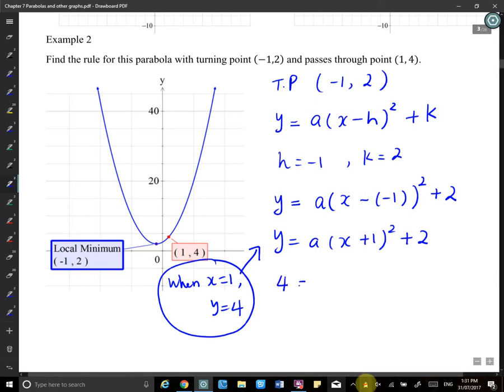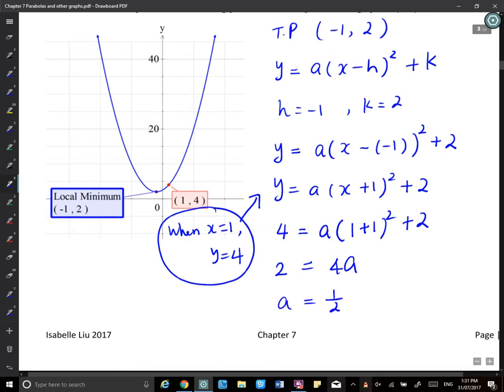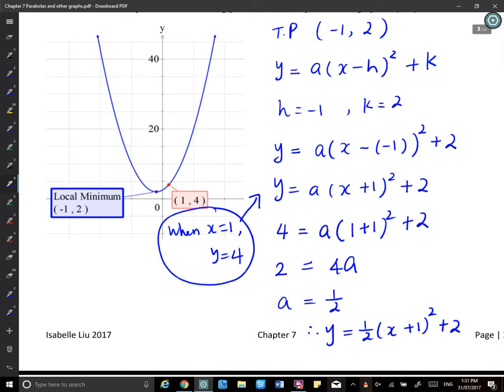So 4 equals a(1 plus 1) squared plus 2. So minus 2, 2 equals 4a. a equals half. So overall, y equals half (x plus 1) squared plus 2.